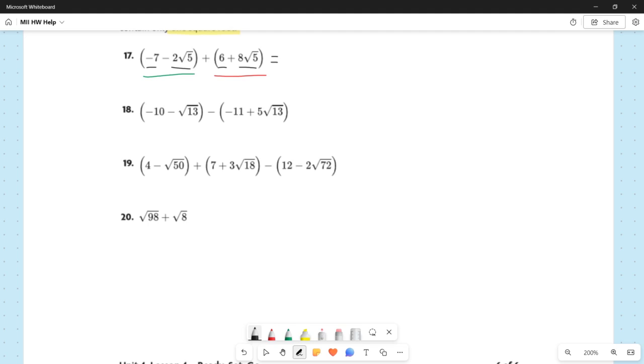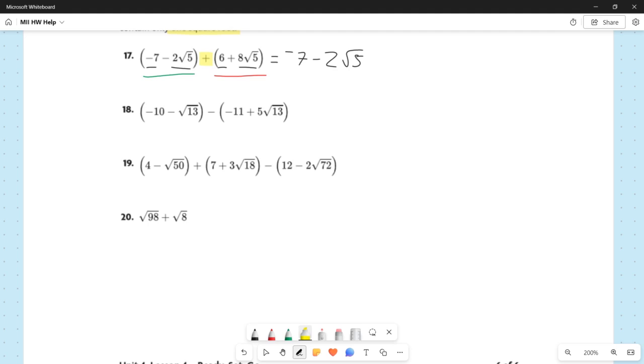You just drop them, and this becomes -7 minus 2 root 5. Notice that nothing changed. With the second set of parentheses, this may or may not be straightforward. If you are adding the second number, you can safely drop the parentheses and not change anything.